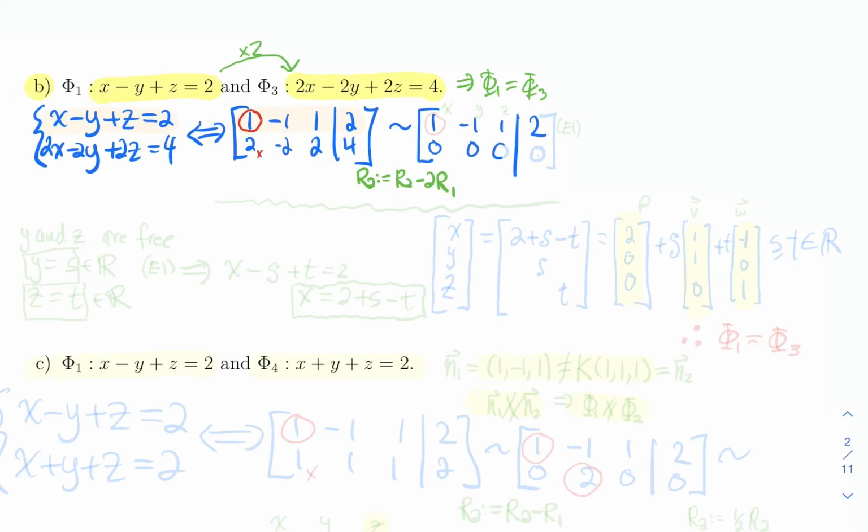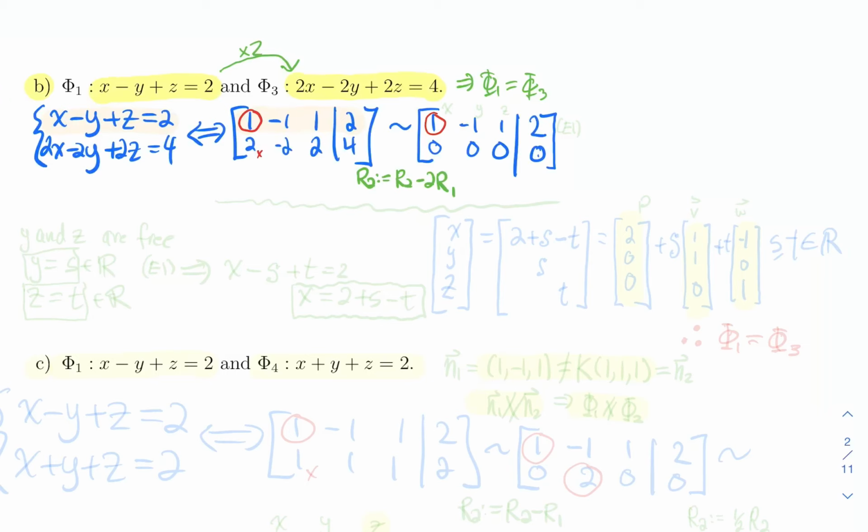And then if you do the elimination, 2 minus 2 times 1, minus 2 times minus 1... minus 2 times minus 2, and 2 minus 2 times 1, and 4 minus 2 times 2, you're getting a row of zeros here. So you have your matrix. This one is actually in row reduced echelon form.